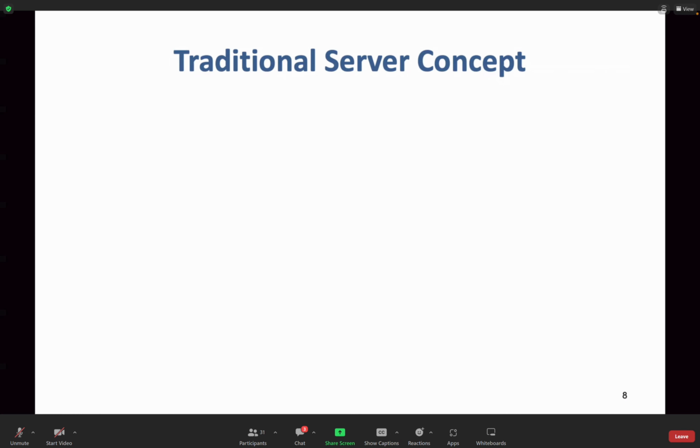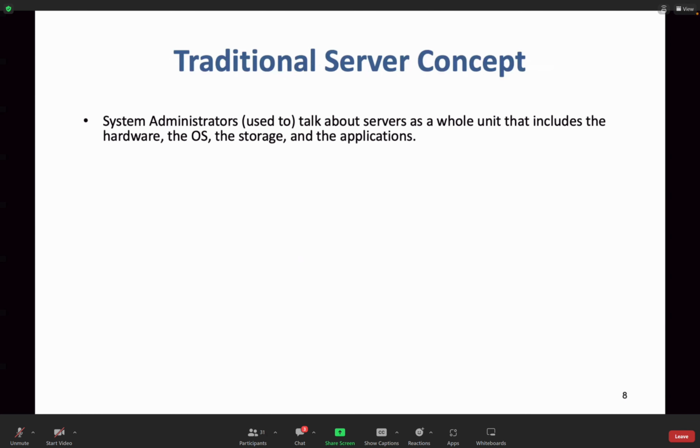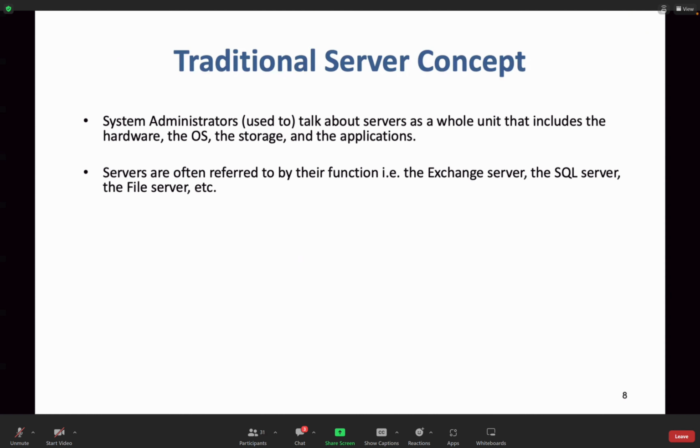So we use the word server a lot. In a traditional concept, it is what the system admin used to talk about. It refers to a physical machine that has the hardware, OS, storage, and runs a specific application. For example, an Exchange server, database server, file server.